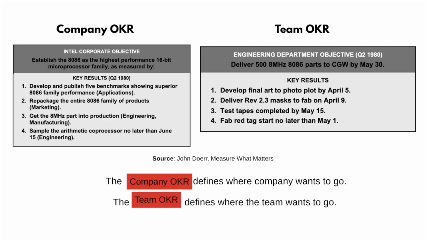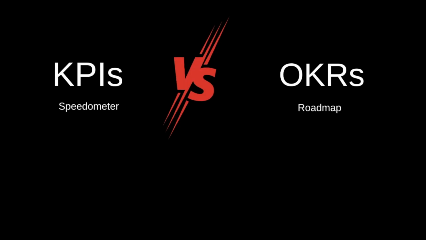One of the most frequent questions I get from senior leaders is, aren't these just KPIs with a fancy name? The answer is a hard no. KPIs, key performance indicators, tell you the metrics. They answer, what number do we need to achieve? For example, a sales team may have KPIs like increase sales by 10%, acquire 200 new customers.